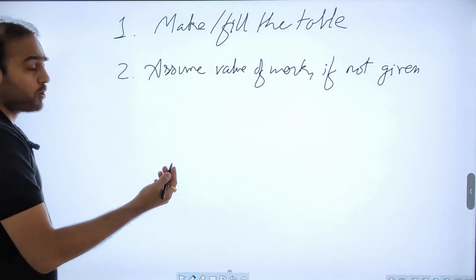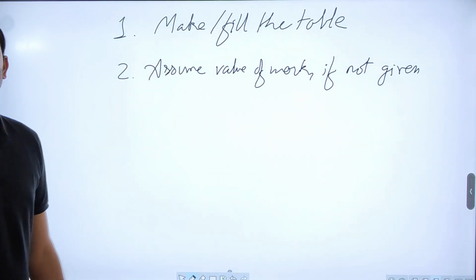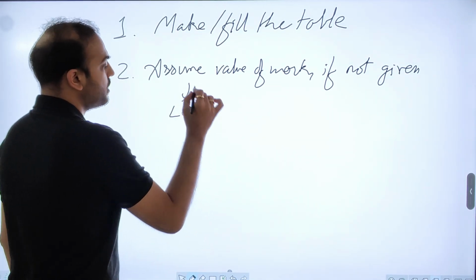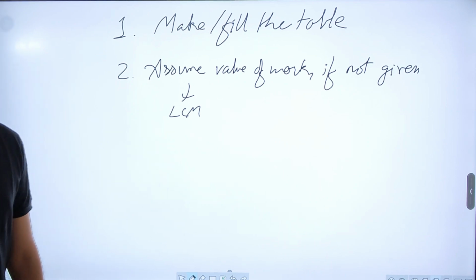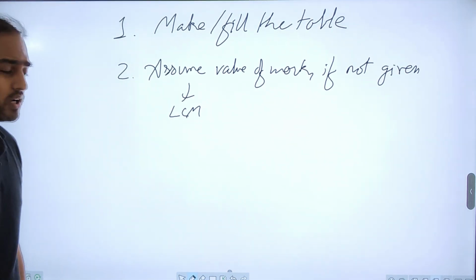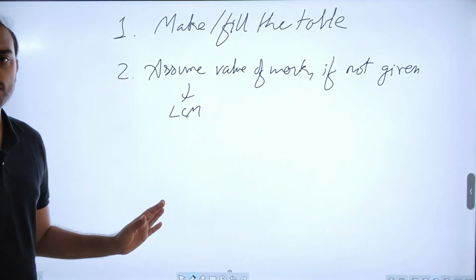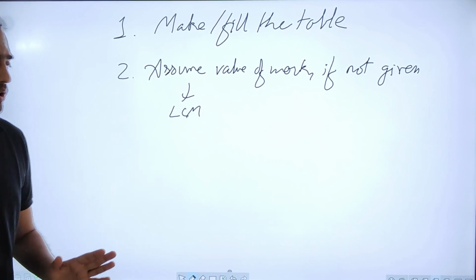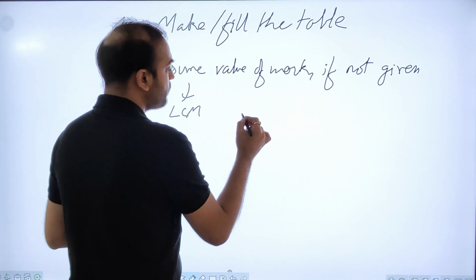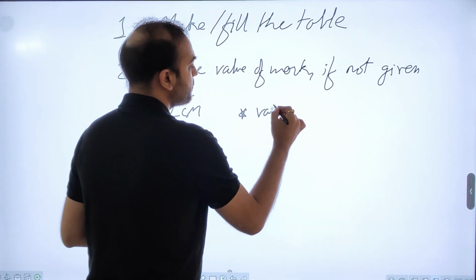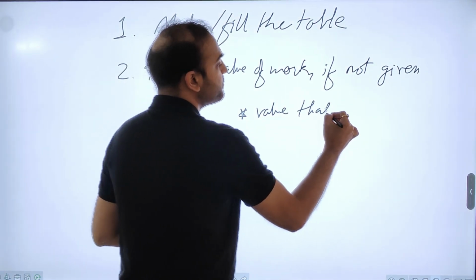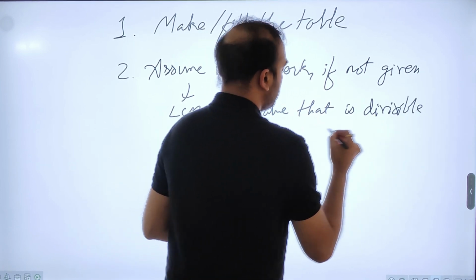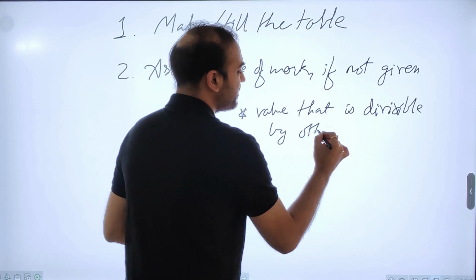If the value of work is not given in the question, you can easily assume it. Then the question will come, what value should I assume? Typically we assume the LCM of the other values that are given. However, there is no hard and fast rule. You can assume any value of work that you want. Simply take a value that is divisible by other given values.